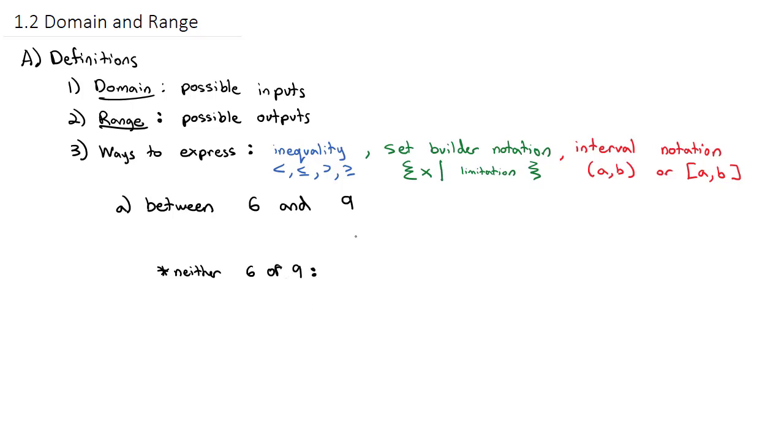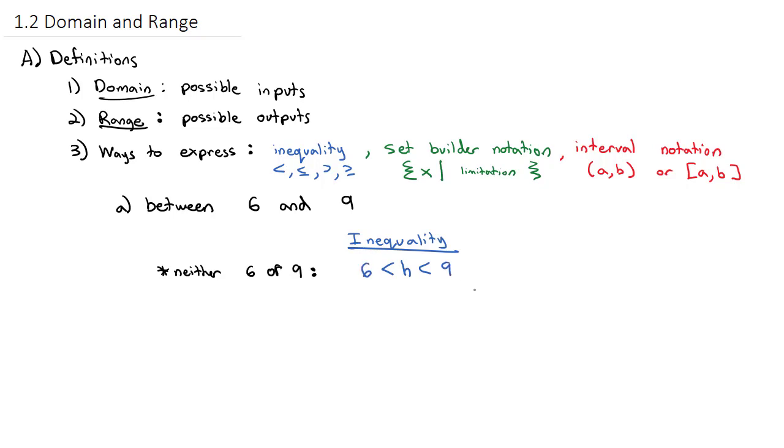Well, let's look at what this would look like as an inequality. As an inequality, the way we show that something is between 6 and 9, let's use the variable h. We put less than symbols on each side of the h, showing that it is between 6 and 9.